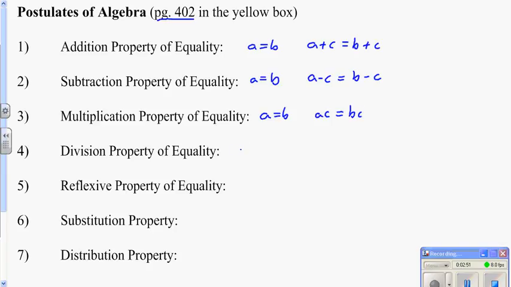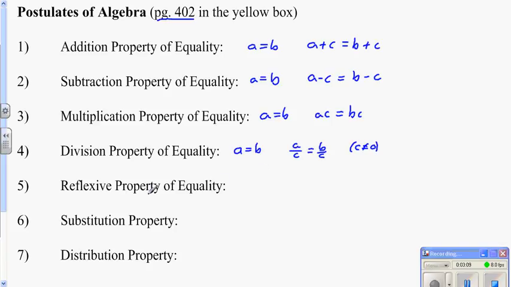Division property of equality says we can divide both sides by the same thing and it would still be equal. However, there's one exception to this, and that is that C cannot equal 0 because we cannot divide by 0.